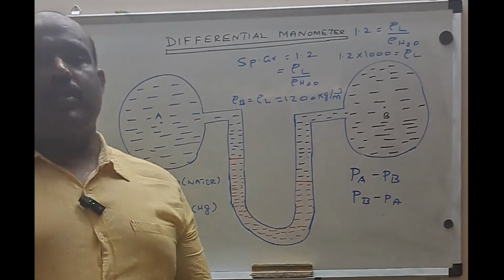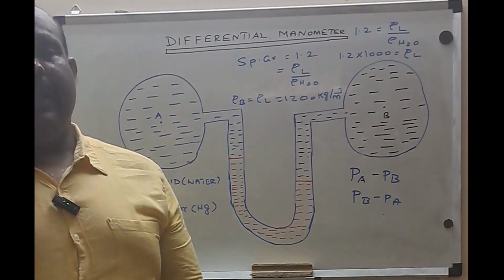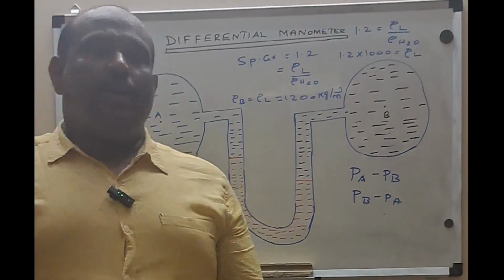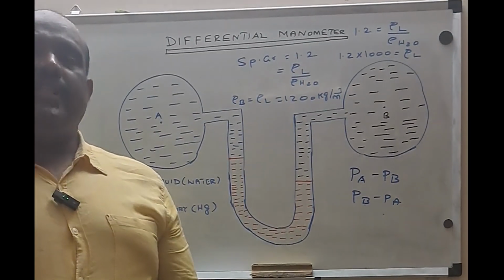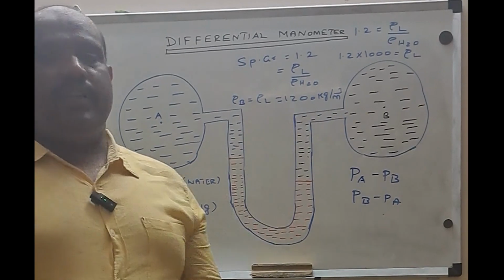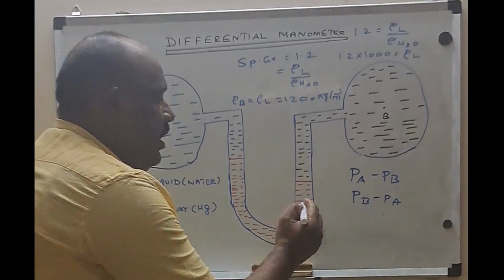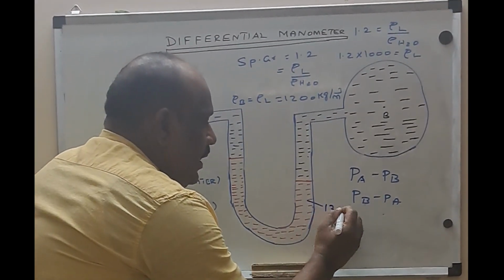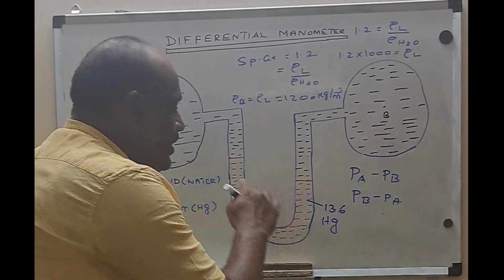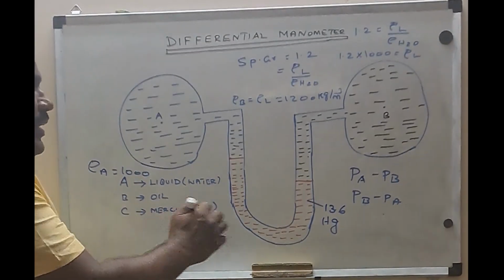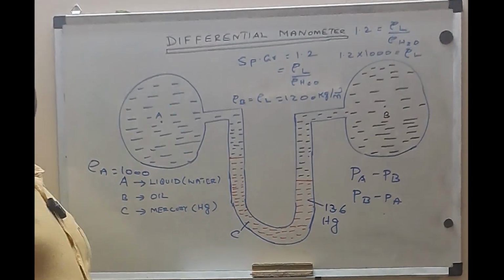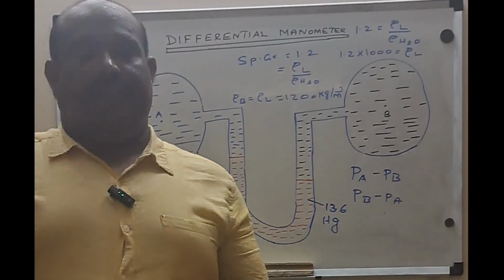The corresponding manometer is called a differential U-tube manometer. Generally it is advised to have a measuring fluid whose density is greater than these fluids. So what is the specific gravity of mercury? This is my mercury, Hg. This red color indicates C, which we can also call C, that is mercury.